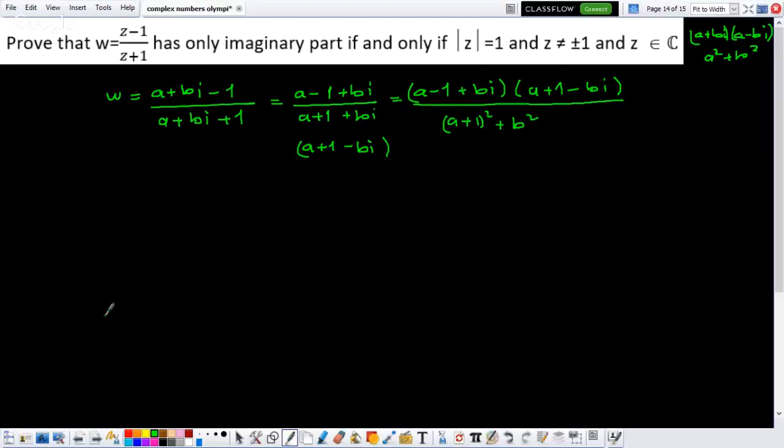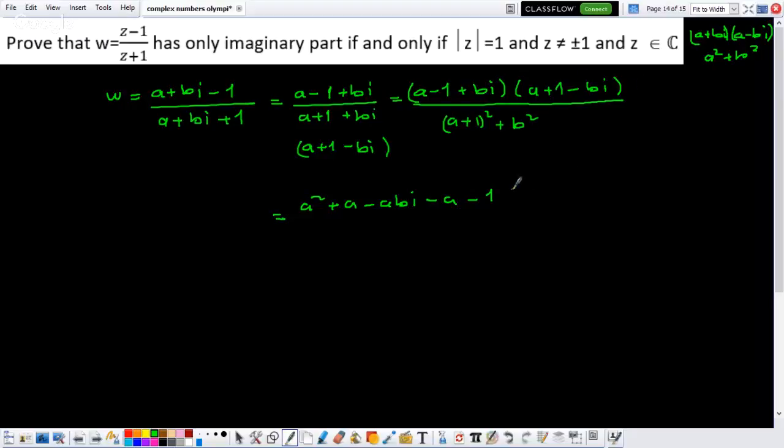And here, if I multiply, this is going to be the multiplication result. Here there are 3 terms, so it's going to be a bit longer, like A times A is equal to A square, A times 1 is equal to A, A times minus BI is equal to minus ABI. Then minus, I'm going to continue with minus 1. Minus 1 times A is equal to minus A. Minus 1 times 1 is equal to minus 1.